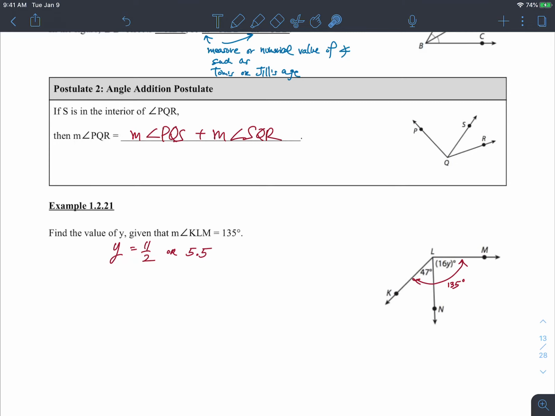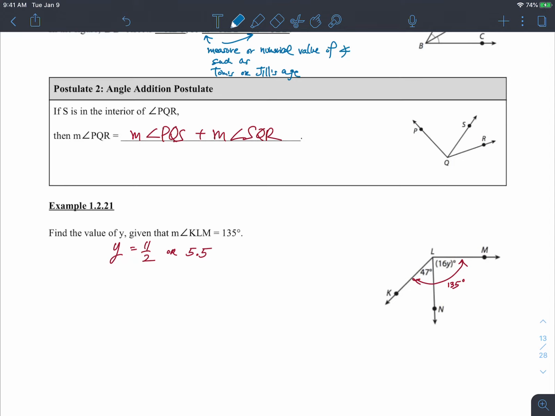So they gave us the measure of angle KLM, and the point N is in the interior, between the two rays. So we know that these two angles add up to the whole. Let's write that out first.